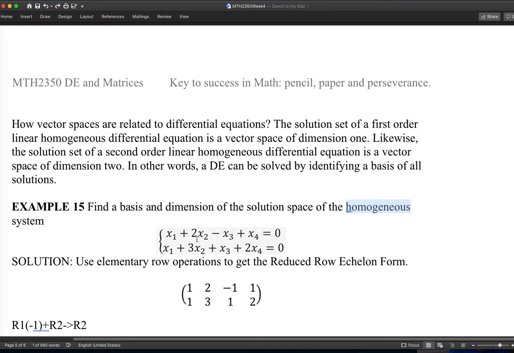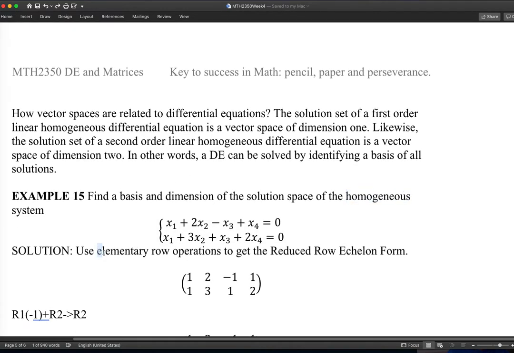So here is what I did. I hope you still remember elementary row operations, and also the RREF, the reduced row echelon form. I just copied down the coefficients from the system. There are 2 equations, so there are 2 rows.